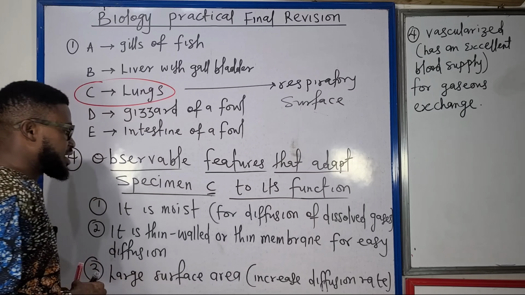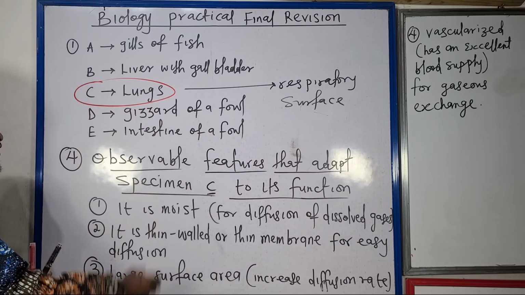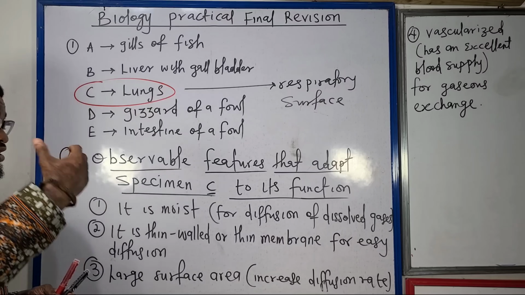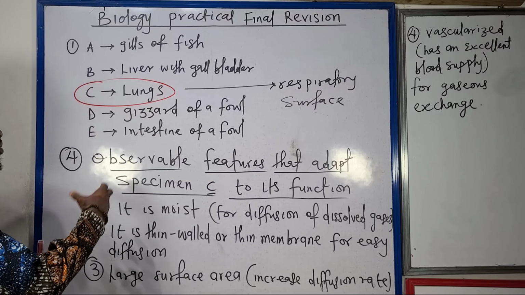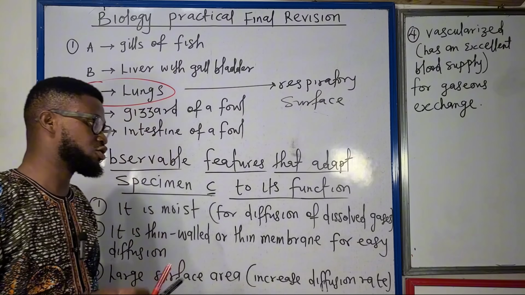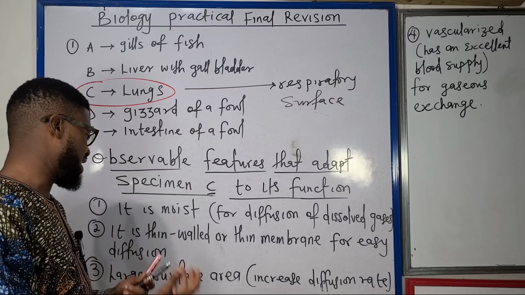What are the characteristics here? A respiratory surface must be moist. In this case, as you can see, specimen C is moist. Why is it always moist? It is for diffusion of the dissolved gases.